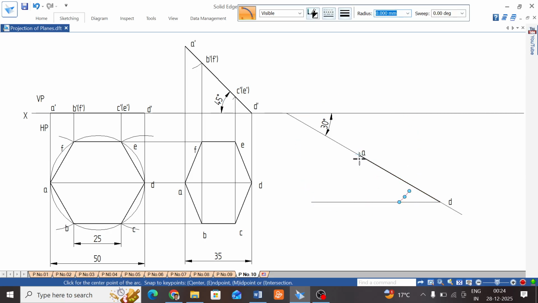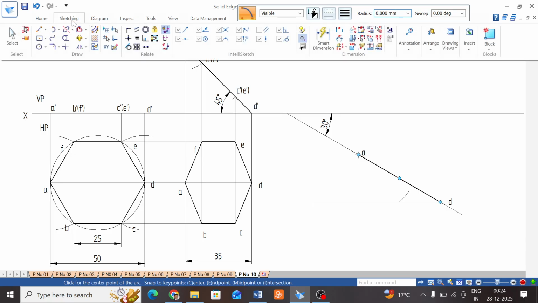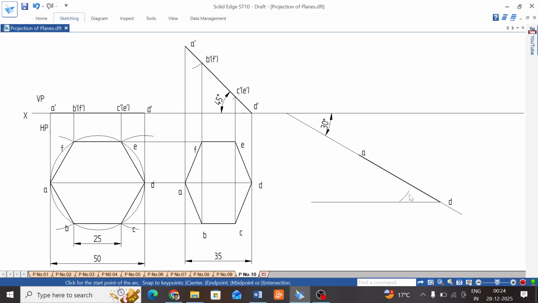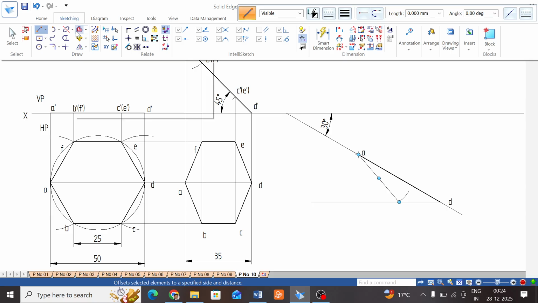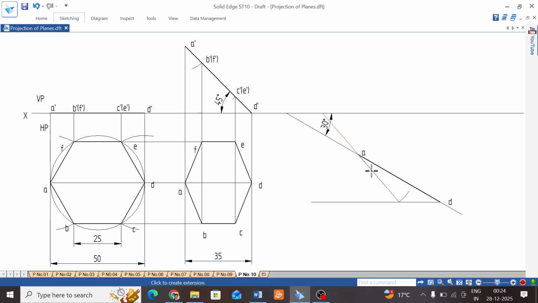and join by line this D to A, and using scale can project up to XY line.